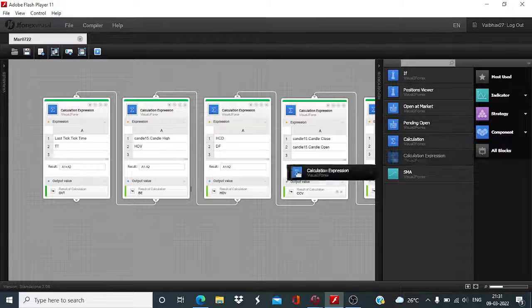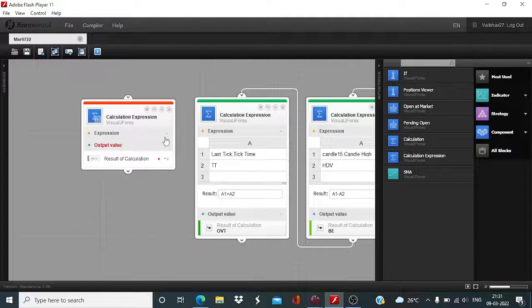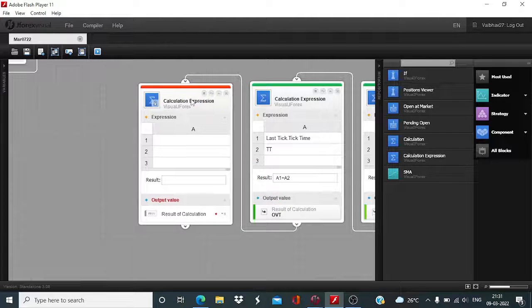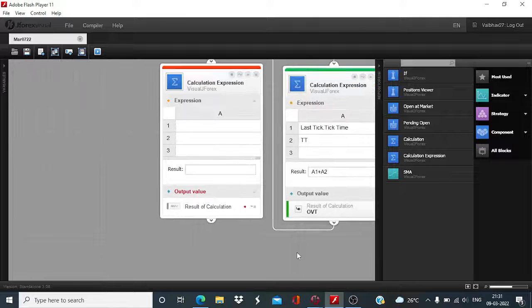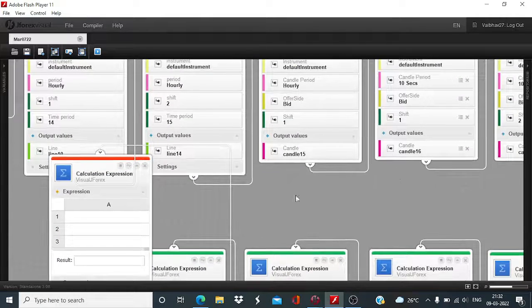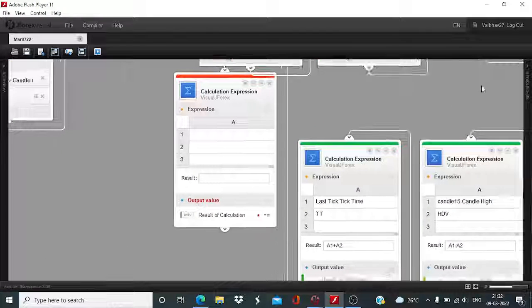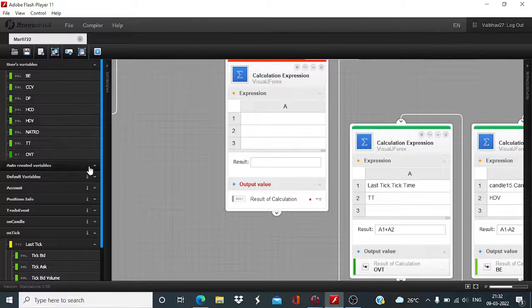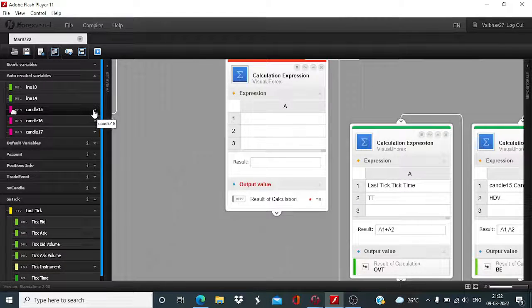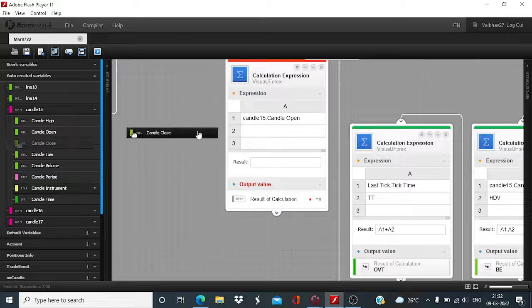So I take a calculation expression block, and we will need candle 15, candle open, and closing value.